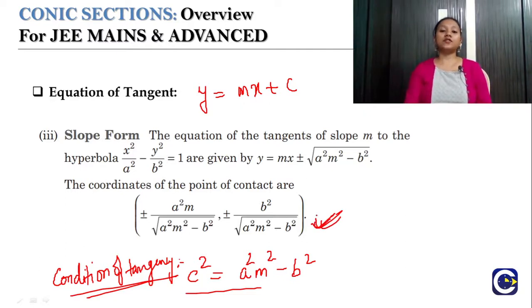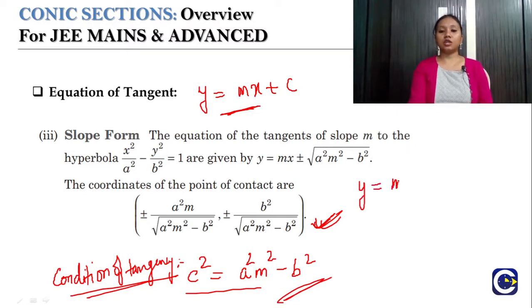If this line satisfies this condition of tangency, then what will be our equation of tangent? It is y equal to mx plus or minus, in place of c, root over a square m square minus b square.